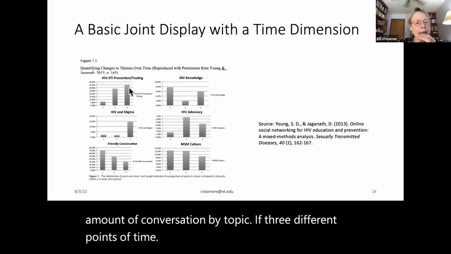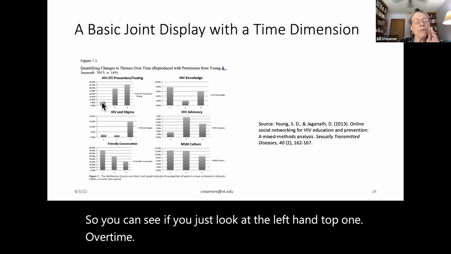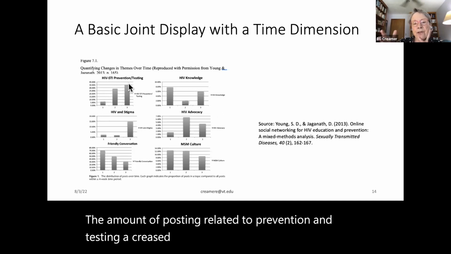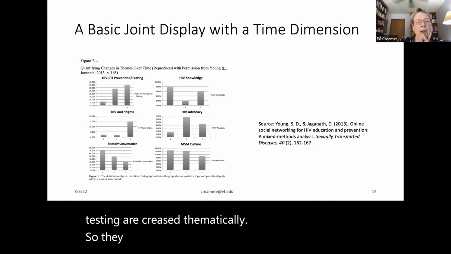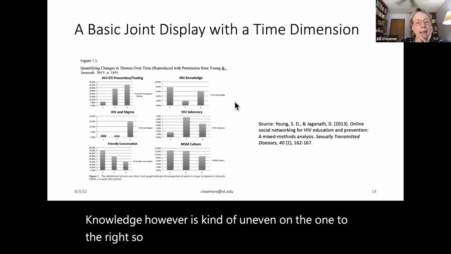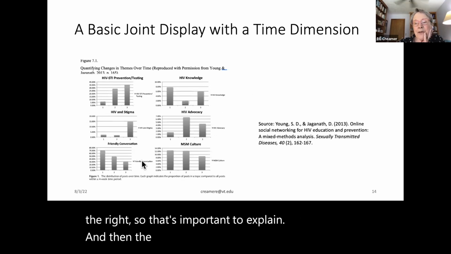So you can see, if you just look at the left-hand top one, over time, the amount of posting related to prevention and testing increased dramatically. So they achieved their goal. Knowledge, however, is kind of uneven on the one to the right. So that's important to explain. And then the friendly conversation, not surprisingly, decreased.